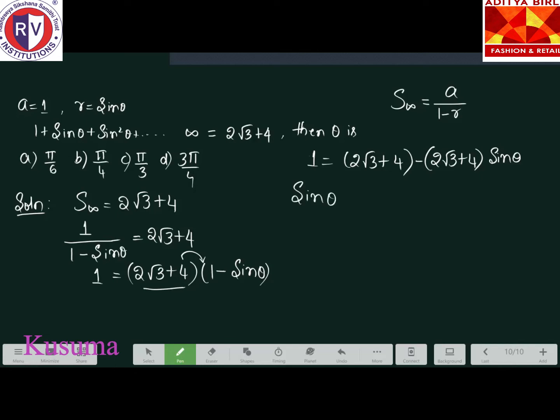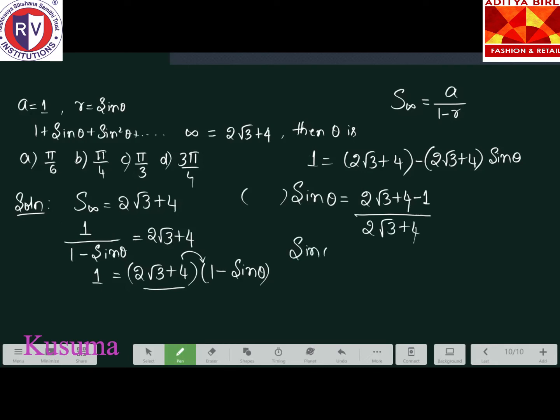The sin theta will be equal to, when we take this term to LHS and the other to RHS, what will be the remaining term? It will be 2 root 3 plus 4 minus 1, divided by the term that is there with the sin theta, that is 2 root 3 plus 4 in the denominator.